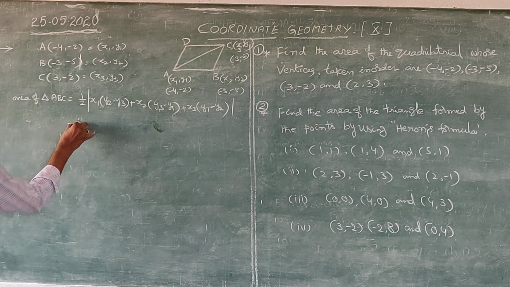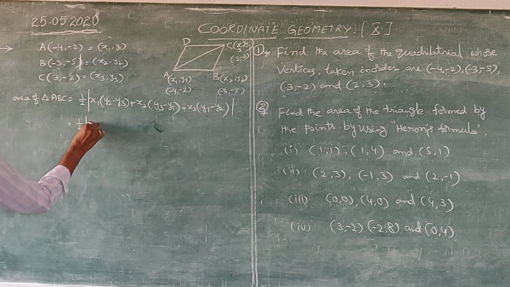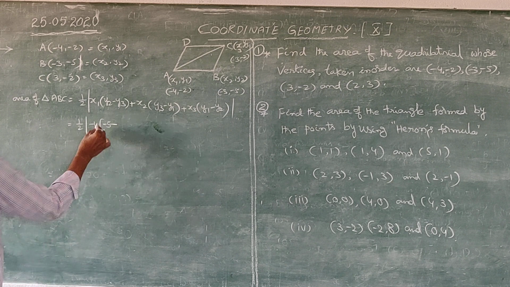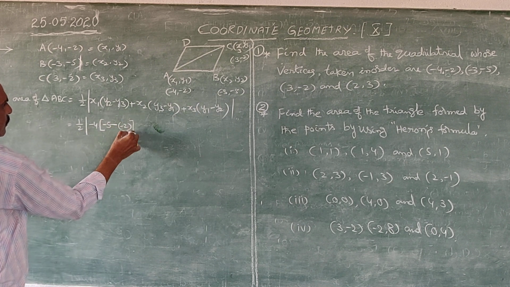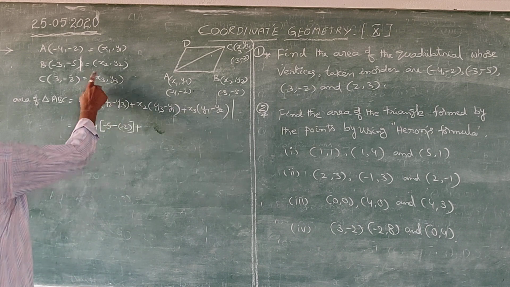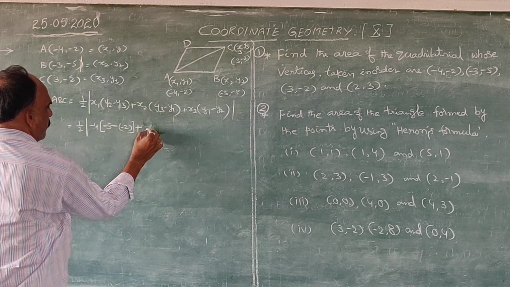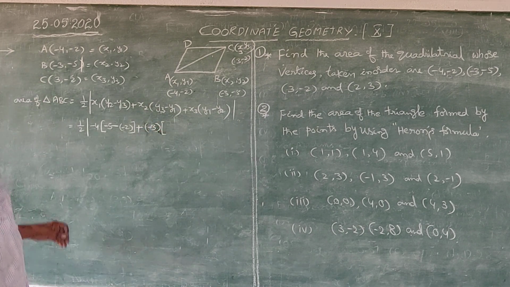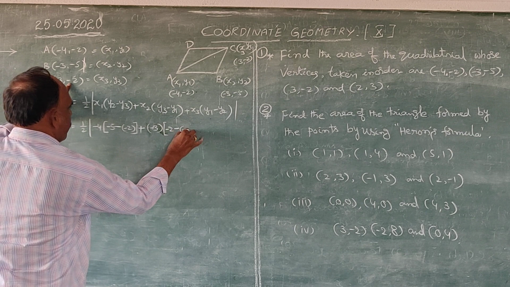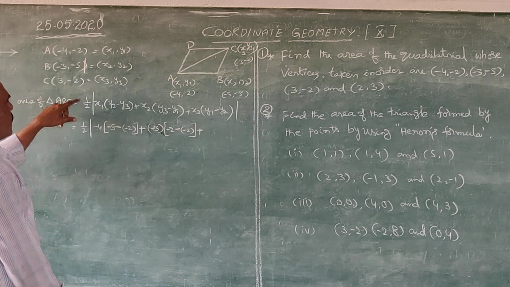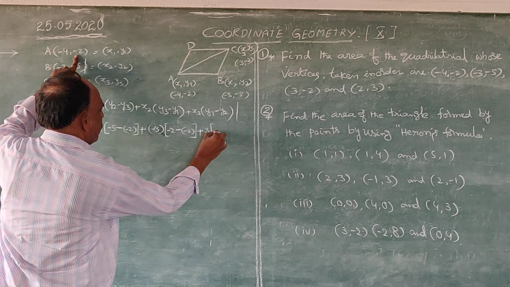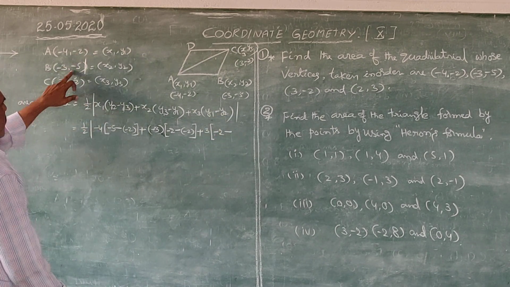Now substitute the values: x1 is -4 into (y2 minus y3), y2 is -5, y3 is -2, plus x2, x2 is -3, into (y3 minus y1), y3 is -2, y1 is also -2, plus x3, x3 is 3, into (y1 minus y2), y1 is -2, y2 is -5.